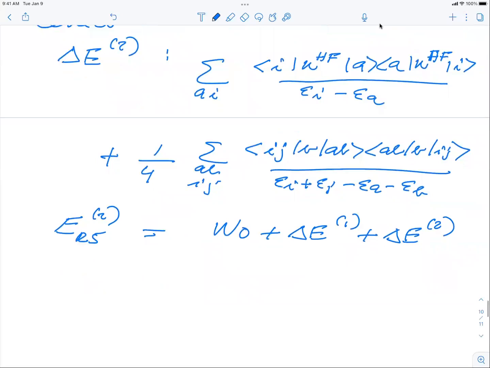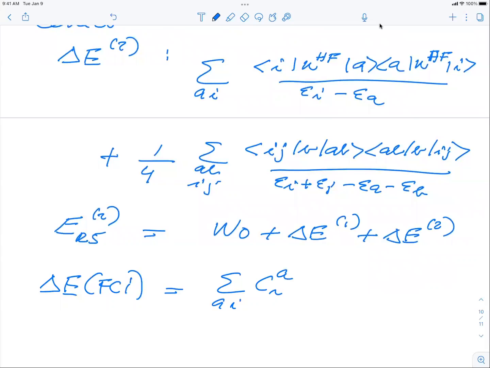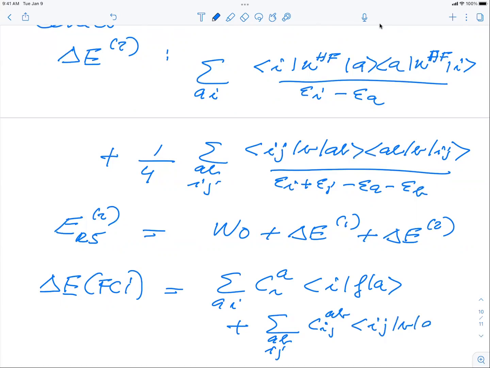But if I now compare this with FCI, if I look at this delta E FCI, that contains now a sum over AI, these coefficients which I get from the CI calculation or FCI calculation, and now this contains F of A, plus a sum over AB, IJ, C_IJ^AB, and then the matrix element IJ V AB.